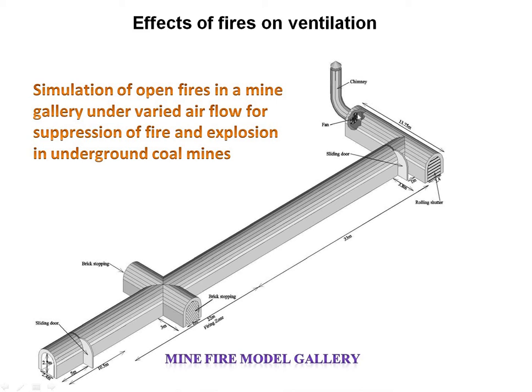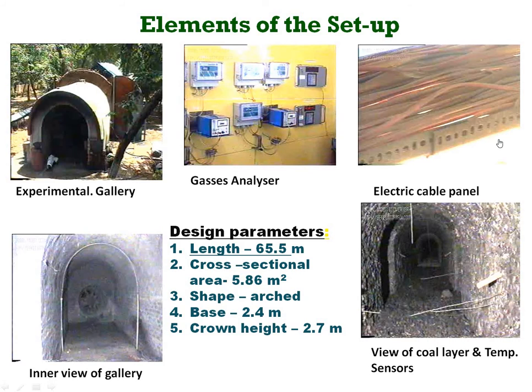Okay, so the simulation of open fire in a mine gallery under varied airflow for suppression of fire and explosion in underground coal mine has been given here. And I think I described earlier the most important thing, the elements of the setup.